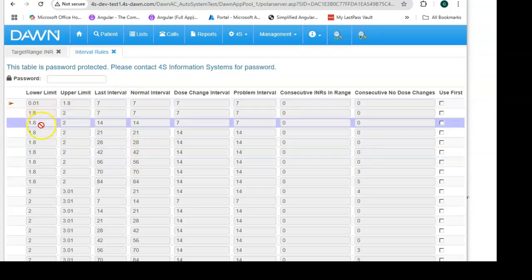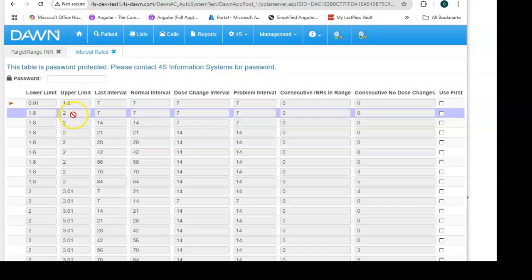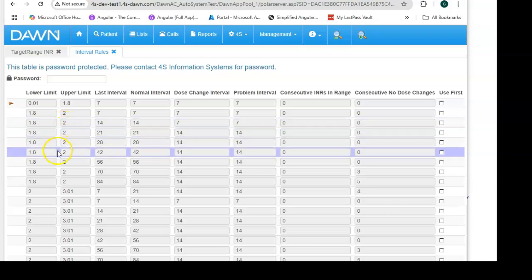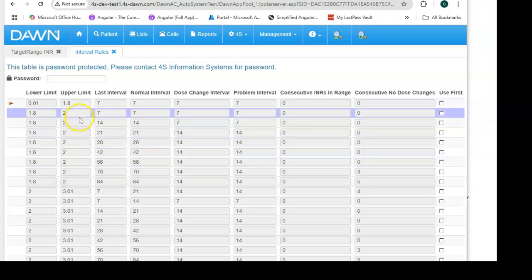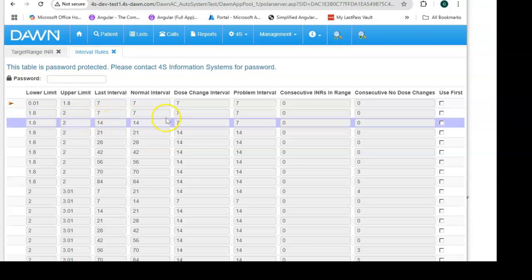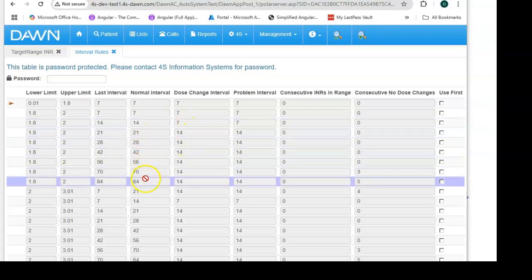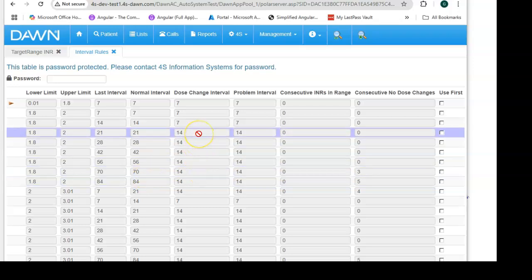Now here again, we have a number of settings for this band that's kind of within the one standard deviation. So a single INR here may well have just been down to chance. So what Dawn does here is if the patient has had a dose change, it will cut them back to 7 or 14, depending on how long a test interval they're already on.